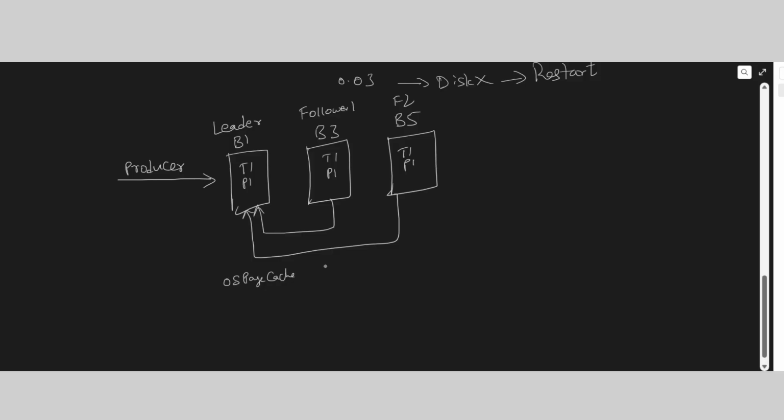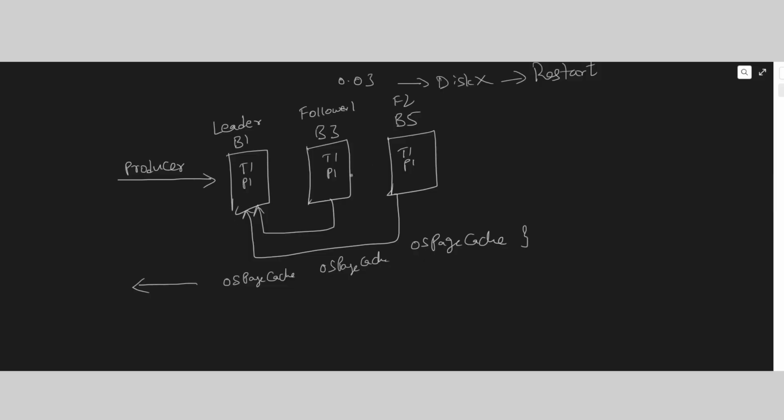Even in broker 3, they will copy it into the page cache only, and once it is written in the page cache, which is in RAM in their brokers, they will respond to the producer saying, hey, the write has been successful. Even now they don't push it into disk. Without pushing into disk, just with the message present in the OS page cache, they send the response to the producer saying the message has been written successfully. Now what is the risk? Let's say broker 1 is down again, it has restarted.